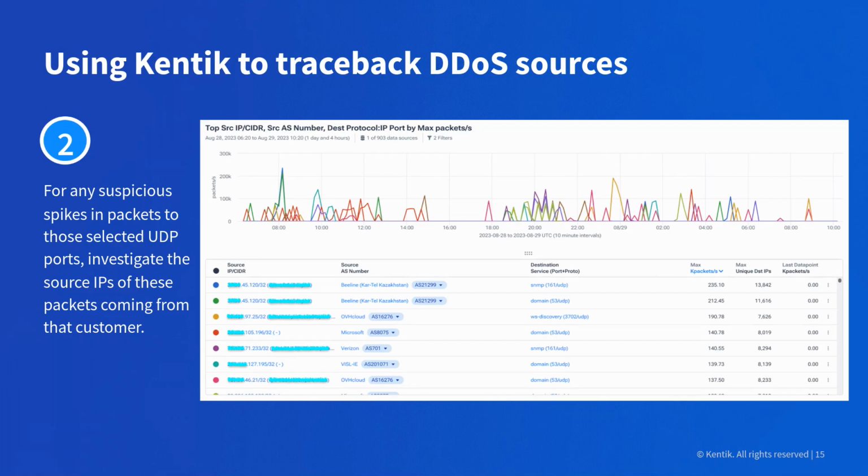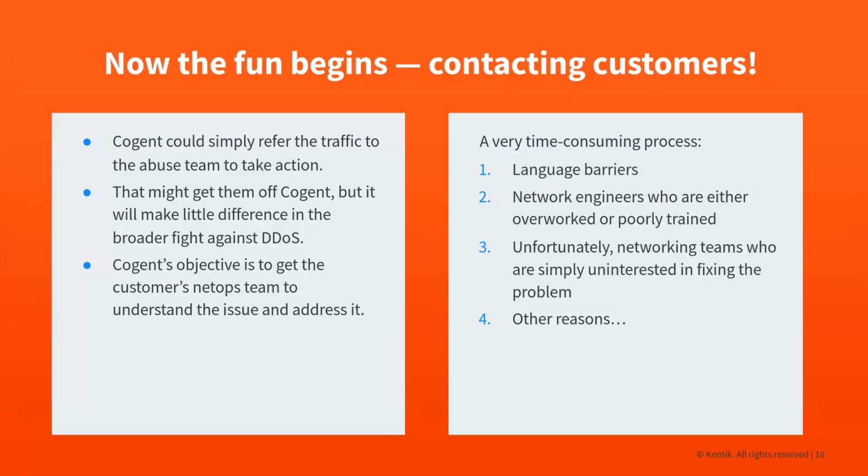But you can see here the source AS numbers that it pulled up were Microsoft, Verizon, OVH Cloud, which is a big cloud provider, right? I would not expect to see any of these source IPs coming from this customer. So these are, by definition then, must be the victims of this kind of attack that's being initiated by this customer.